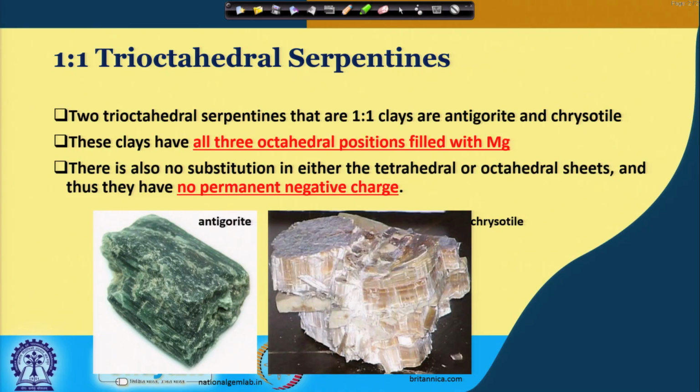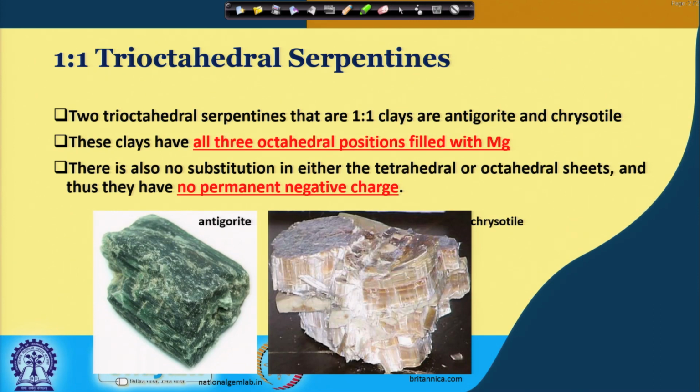In the 1:1 type, we talked about 1:1 dioctahedral kaolinite. We discussed its structure, and also halloysite, which has a similar structure to kaolinite but with an interlayer water molecule. So, today's lecture will start with the 1:1 trioctahedral serpentines.